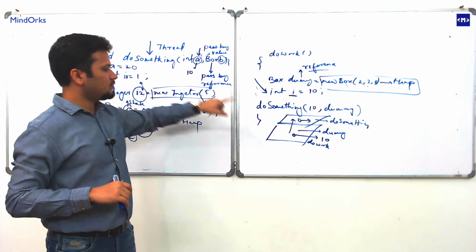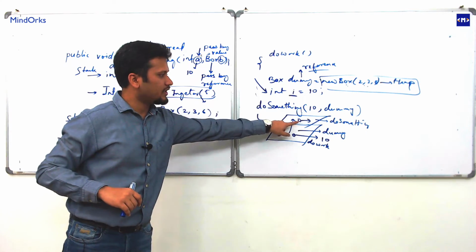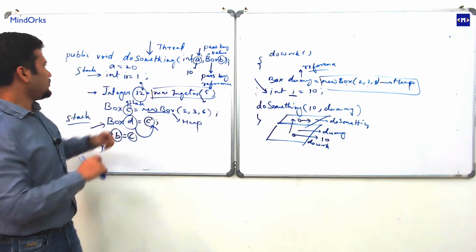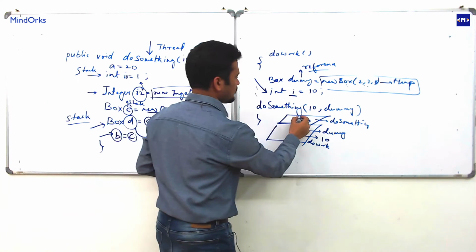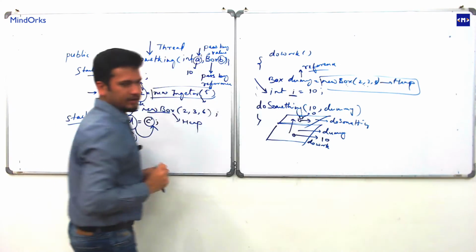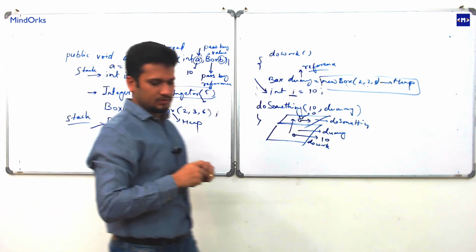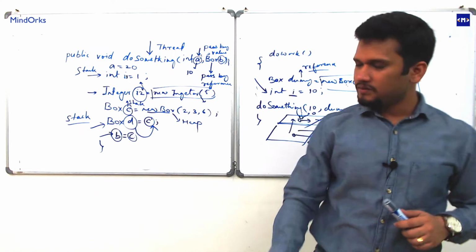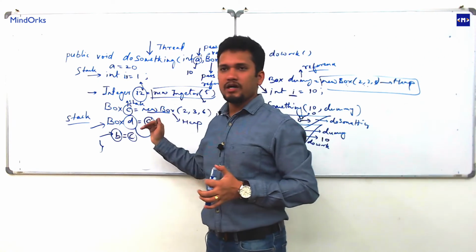A new variable was created in the doSomething node of the stack. So now when you assign a as 20, a new 20 will be created, and this will now refer to that 20.